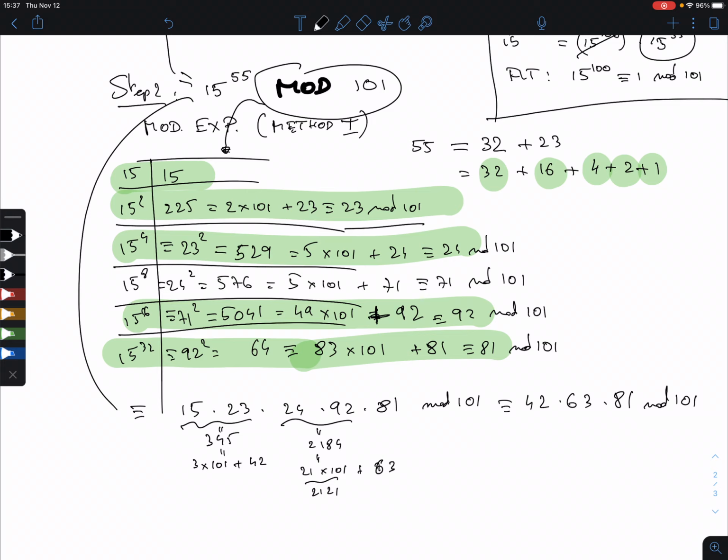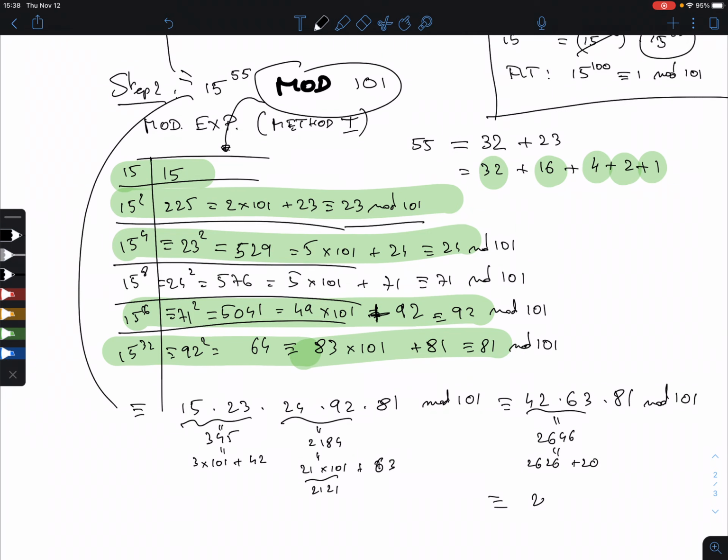So now do 42 times 63, and that is 2646. Then times 81. Let me do the calculation underneath here. So this is 2646, that is 26 times 101 plus 20. So this is 20.